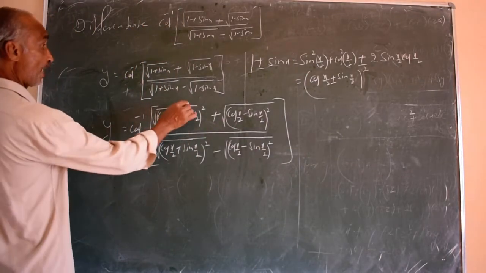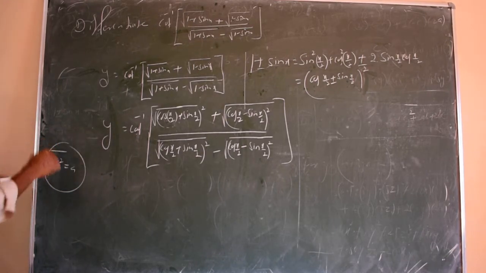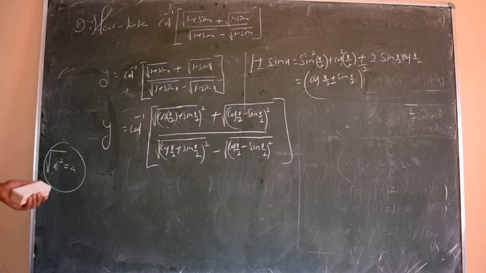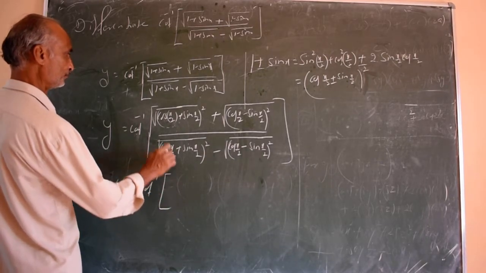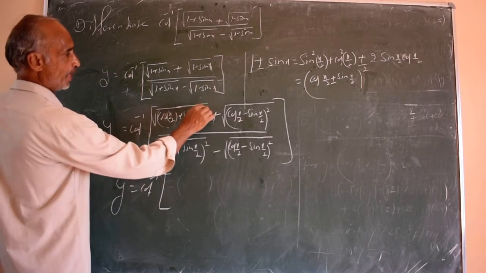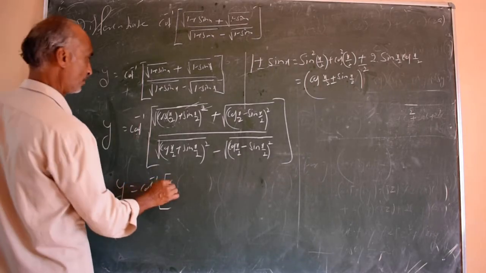Now cot inverse, square and square root cancel. Mind that one, root of a square is equal to a. Therefore y is equal to cot inverse of, square root and square cancel. What remains?